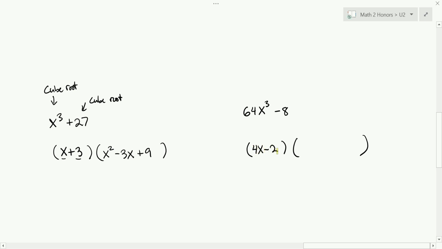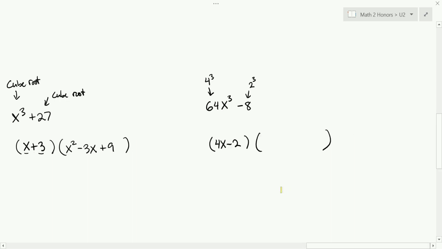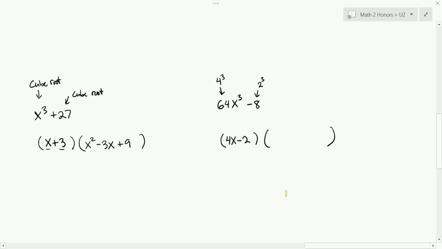Yes. Okay. 4x minus 2, because 64 is 4 to the third power. You were thinking square, right? You got to think third power. And then this is 2 to the third power. So you can kind of see where the 4 is coming from, kind of see where the 2 is coming from. Challenge would be, how do you do this next part, right? You know? What do you think? Okay. There's a pattern, yeah.